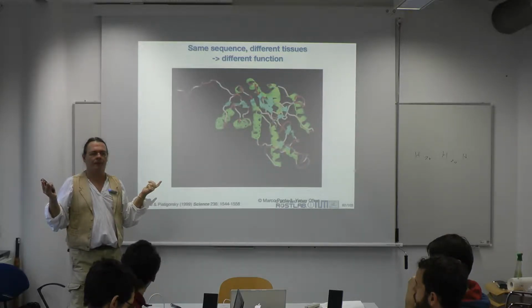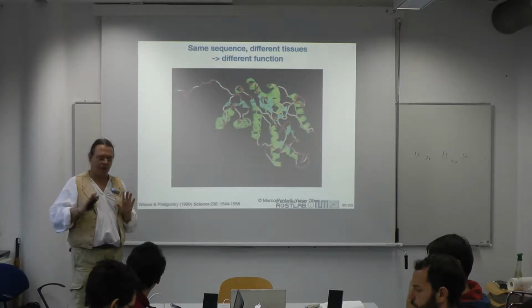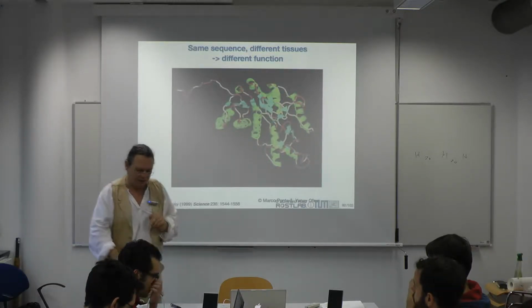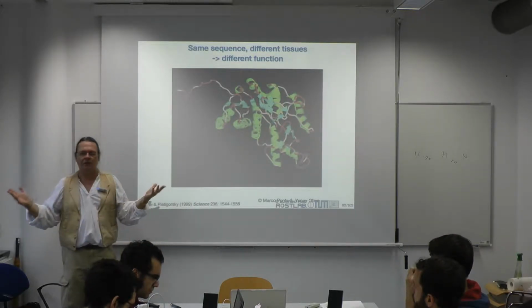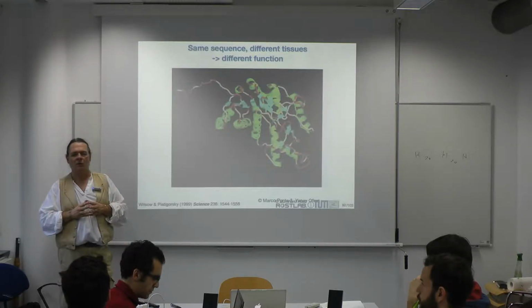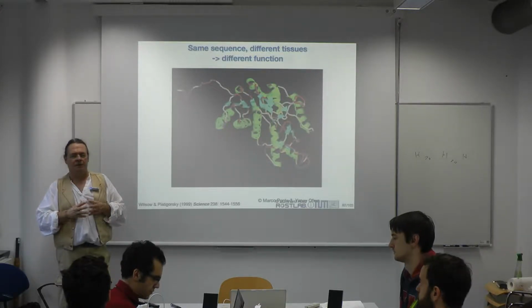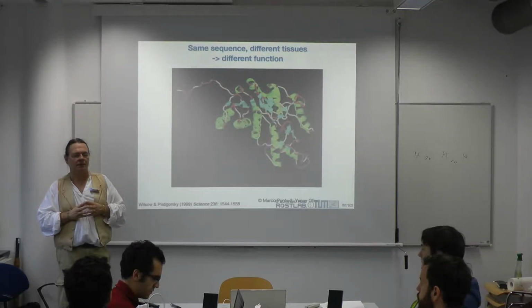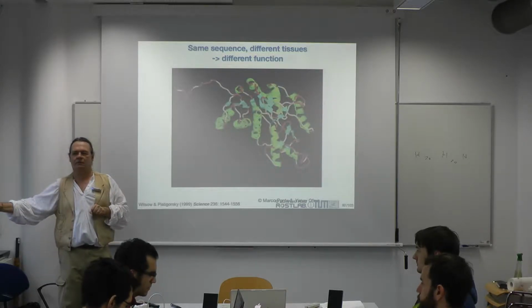Okay, let's go back. This is something that I have not discussed. We have about 20,000 proteins in human. We have different tissues, different types of cells in our body. Do they express the same proteins? So the same 20,000, are they active in every single cell?